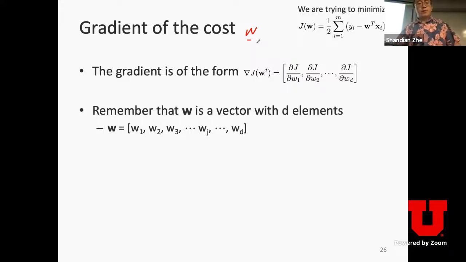That means the gradient of the cost function is also a vector. Each element in this vector is a partial derivative of the cost with respect to the corresponding weight. Remember, W is a vector with D elements.